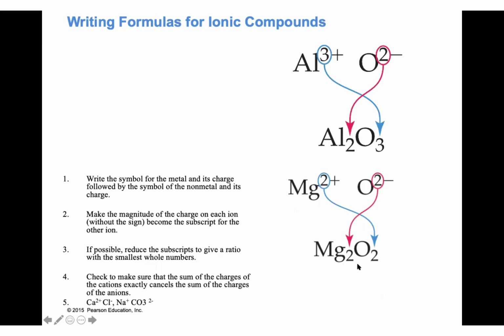But because they have a ratio of 2 to each other, we can cancel out the subscripts, and the final correct answer would be MgO. So pay attention. Usually with compounds that are made with oxygen, and also compounds that have 2 plus or 4 plus charges, you should check whether it can be simplified or not.